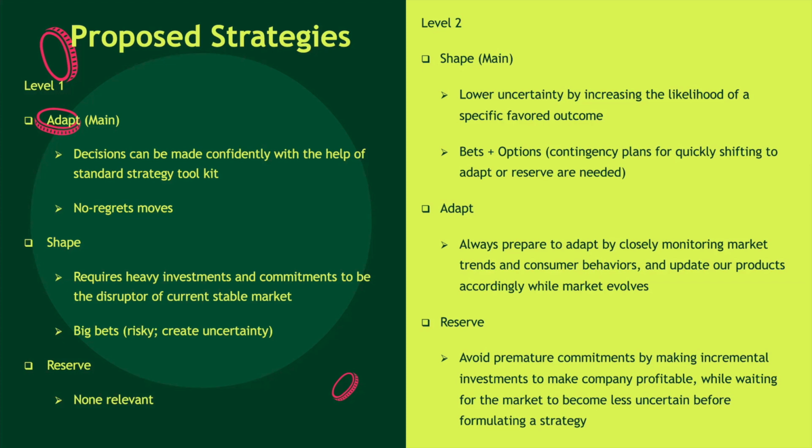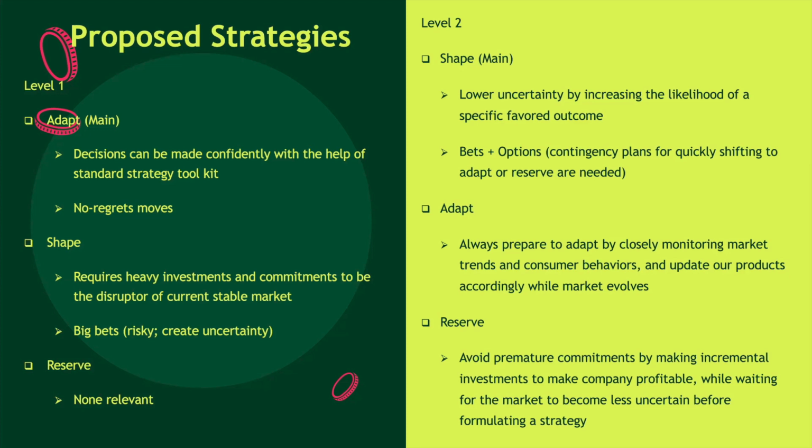We would not choose to be the shaper under this scenario because it requires heavy investments and commitments to be the disruptor of the current stable market. People usually use big bets if they want to be a shaper under level 1 of uncertainty, but it is too risky and it's not really a good choice for us if we want to secure our revenue.